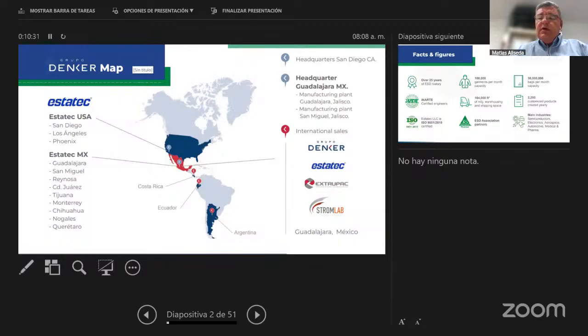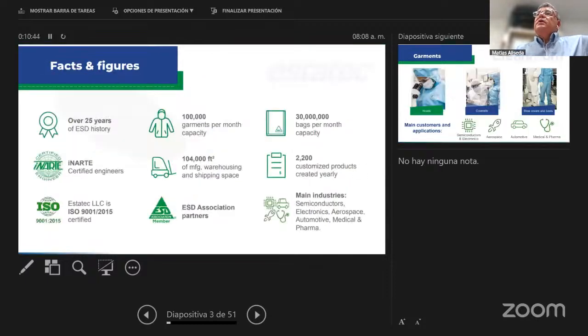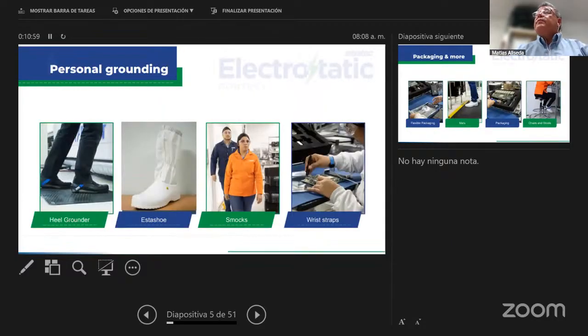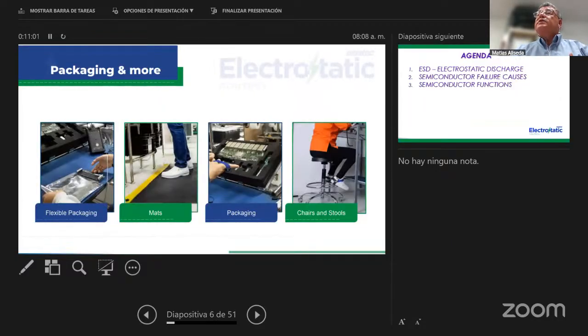We are also in the U.S., supplying most of the pharmacy and medical garments, and semiconductor garments and plants. We have more than 25 years. We are certified engineers, also for the ESD Association. These are some of the products that we manufacture here in Mexico.